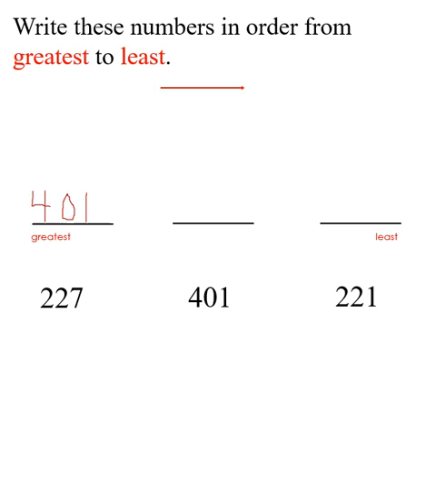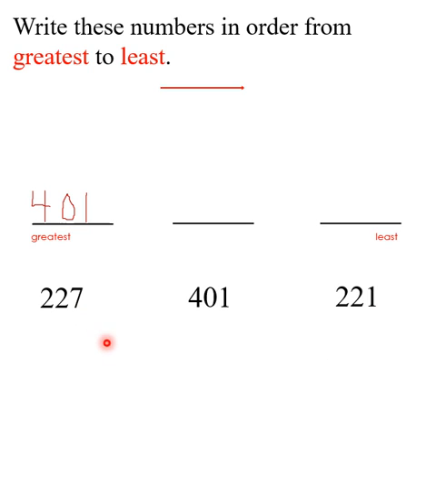Now it gets a little bit tricky because I have 200 and 200, so now I have to go to my tens place. So 227 has 2 tens. Oh, 221 also has 2 tens. So I still can't tell after looking at the hundreds or the tens, so I have to go all the way to the ones place. I have 7 ones and I have 1 one. I'm working from greatest to least, so I want the one that is greatest to come next.